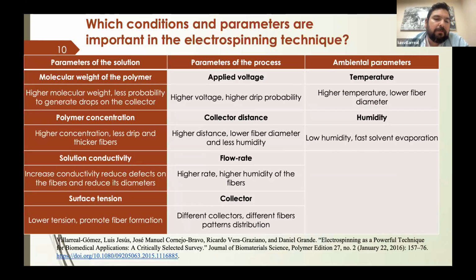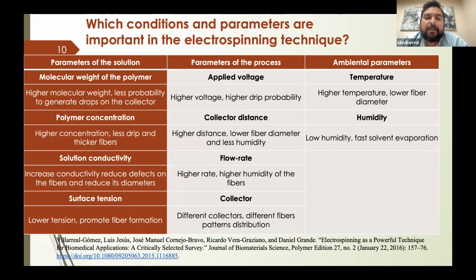The conductivity of the chosen solvent is important in order to promote the electric force in the system. And the surface tension is also important regarding the parameters of the solutions. In the electrospinning process, you can vary the applied voltage.